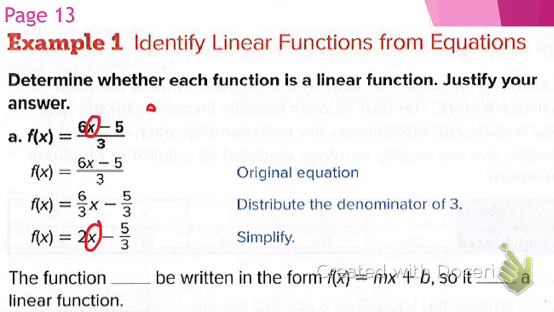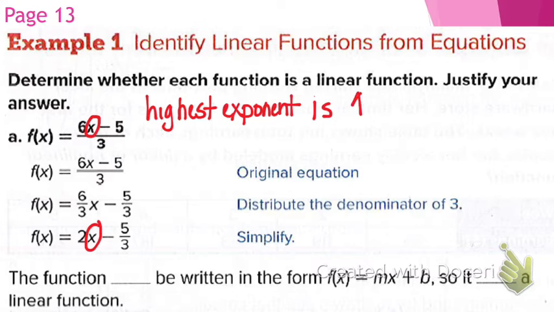So because your highest exponent is 1, and we don't have anything higher than 1, this function can be written in the form y equals mx plus b, so it is linear.